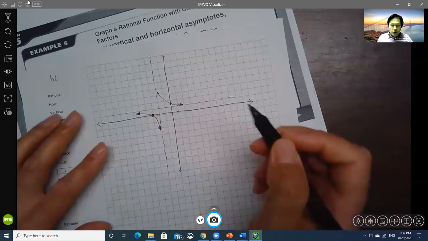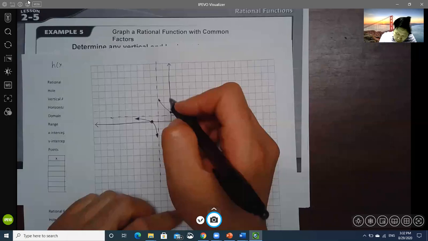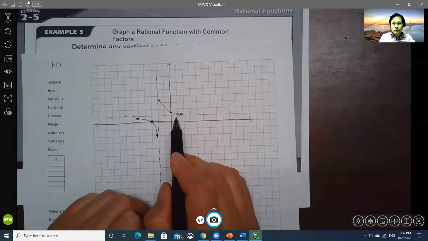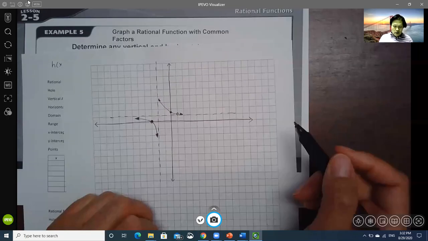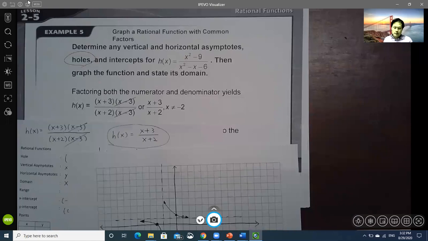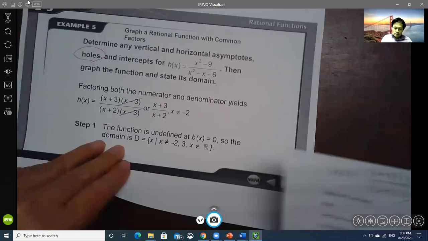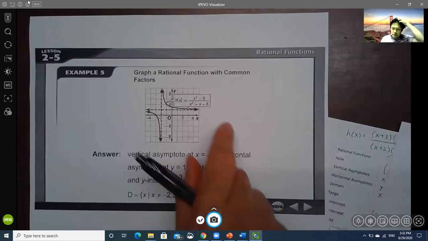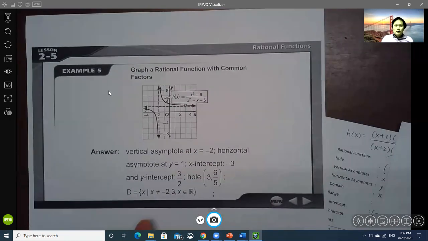The key point here is making a hole like that. I need to see that hole when you graph it. And with this, that will be a complete graph. Yep. That's all.